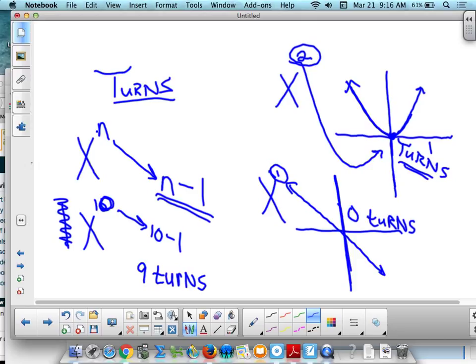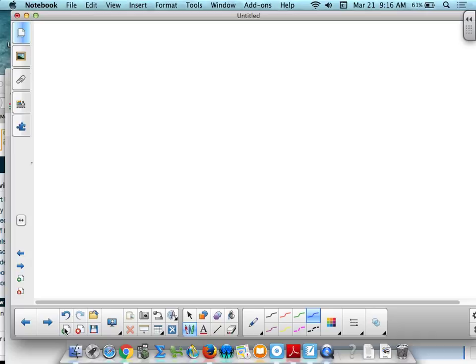Alright, look at the bottom. On the very bottom it's got some examples. If you have a line that's linear, 0 turns. If you have degree 2, it's quadratic, 1 turn. Look at degree 3. It says you could turn 0 or 2 times. So watch this.